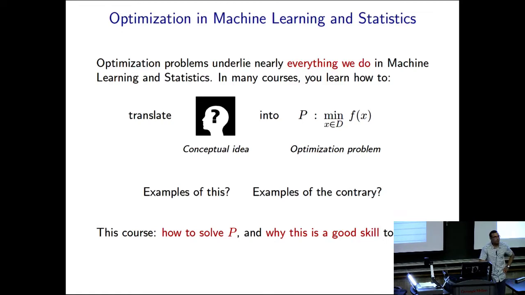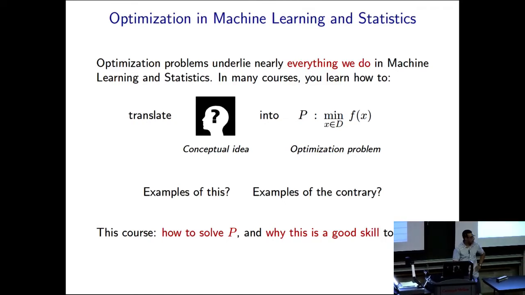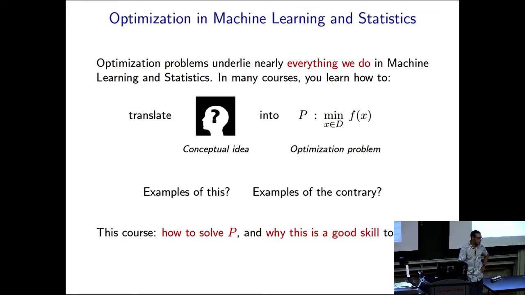So in many other courses that you've taken, for example, machine learning courses, if that's your background, you learn how to translate some kind of conceptual idea. Like, for example, I want to fit a line through these data points. It's not a mathematical idea yet, but I want to fit a line through these data points that is the best fitting line.